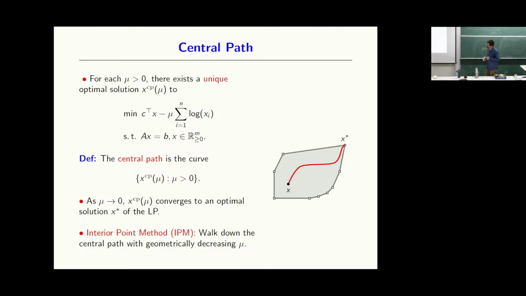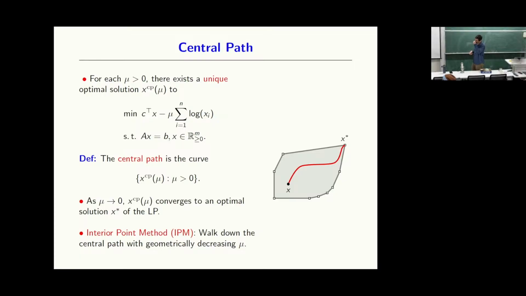Yes? Is there a benefit of computing the minimizer with the penalty compared to computing it without the penalty? Yeah, with the penalty, basically what happens is you get a unique solution, and these solutions are linked to each other via this very nice continuous path. If you don't have it, maybe there's a huge optimal face.